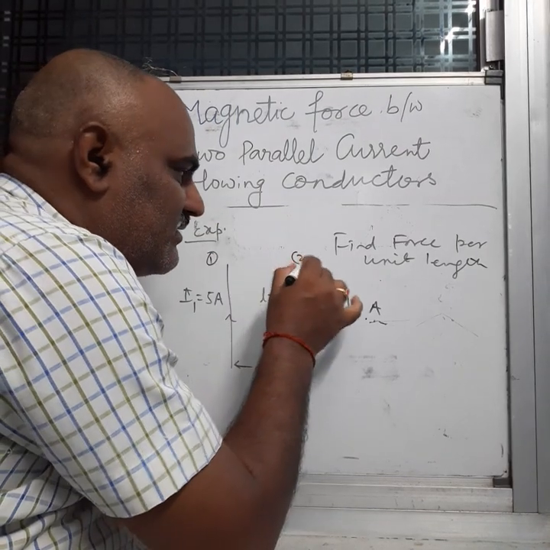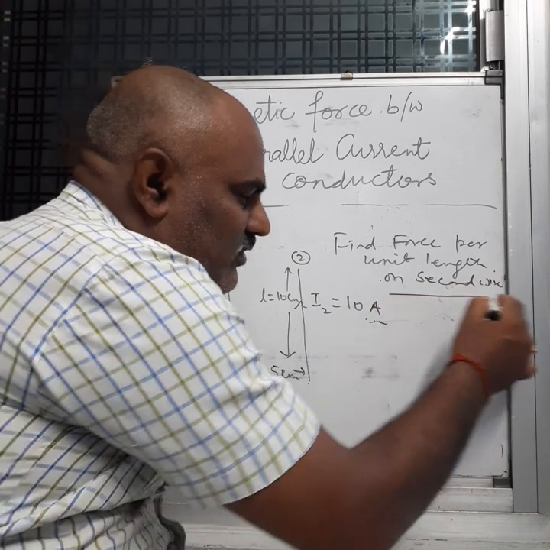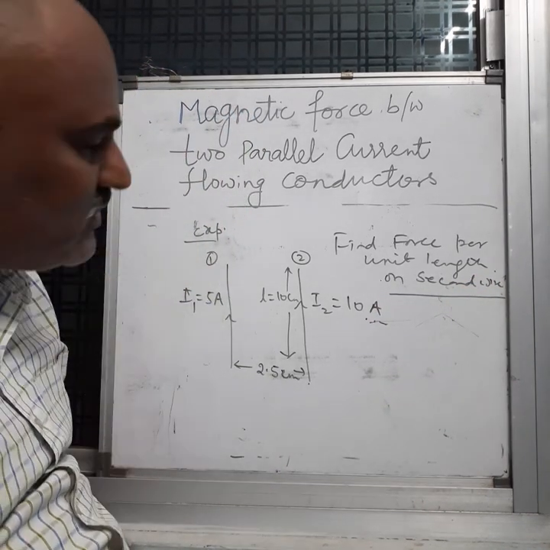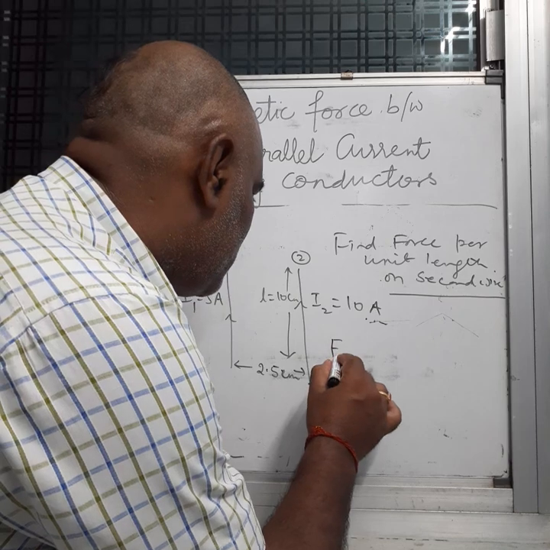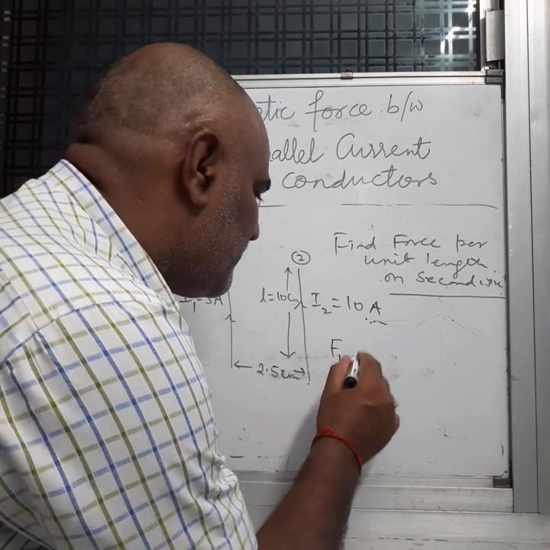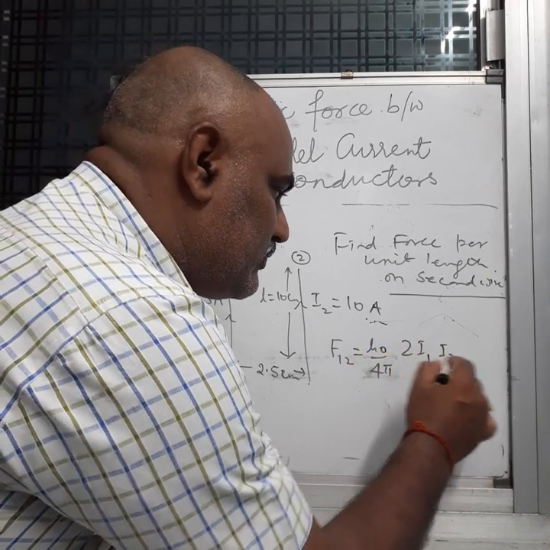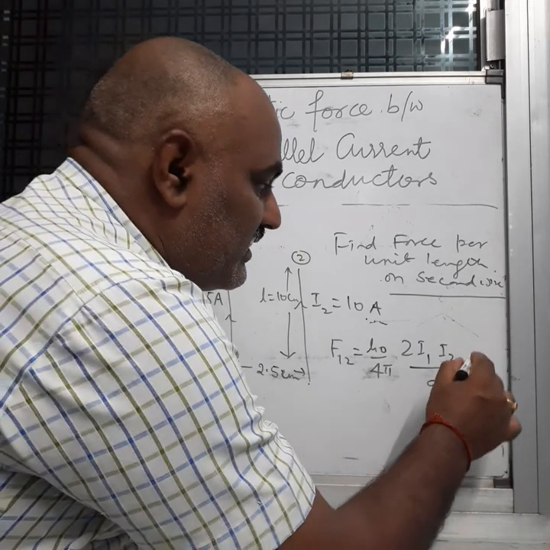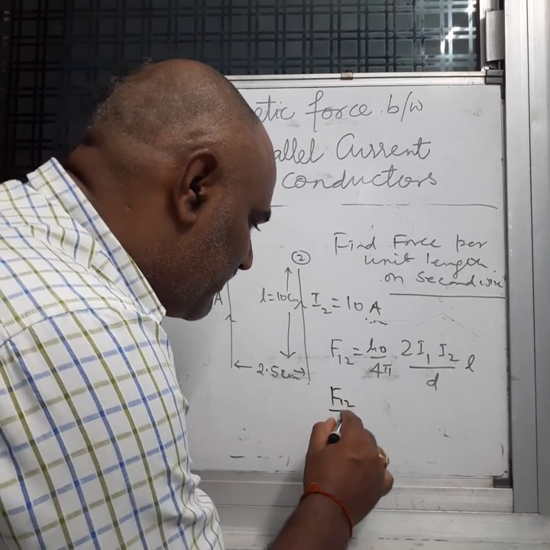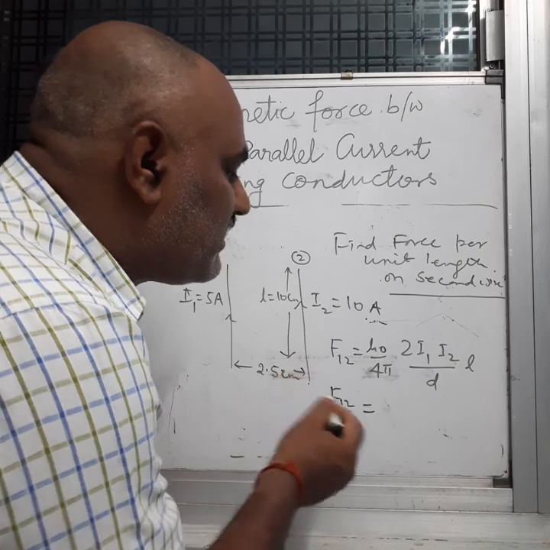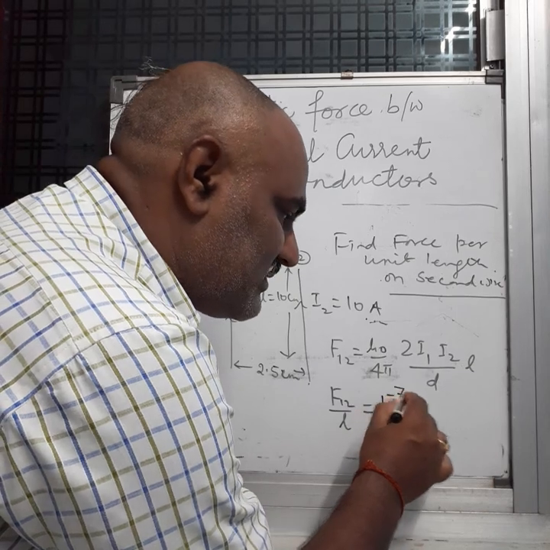This is the first wire, this is the second wire. If you understood the concept, then you can easily solve it. So which formula will we use? The force on the second due to the first, F12 equals mu 0 upon 4 pi, 2 I1 I2 D by L. Force per unit length is required, so F12 by L equals this. Mu 0 upon 4 pi is 10 to the power minus 7, a constant value.